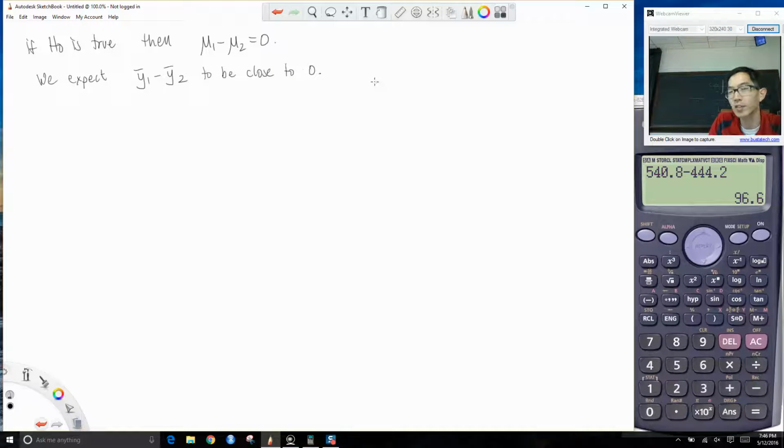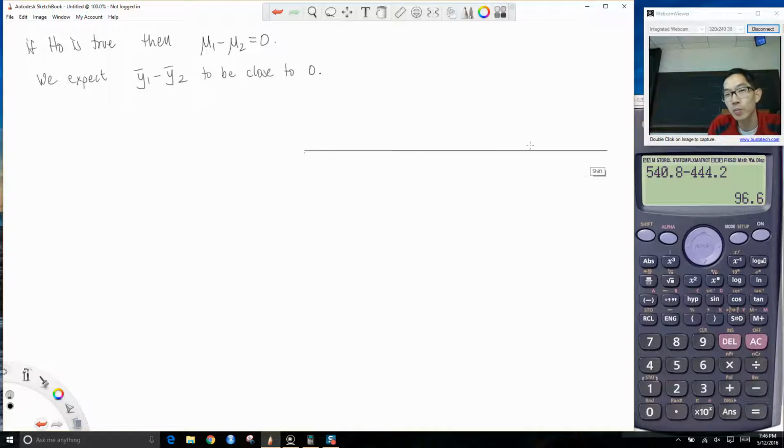Does that make sense? If the populations have no difference in their population means, then when we take random samples, the random samples should also have close to no difference. Because of random chance, we're not expecting them to be equal to 0, but overall, we're expecting something close to 0. So we get a sampling distribution.